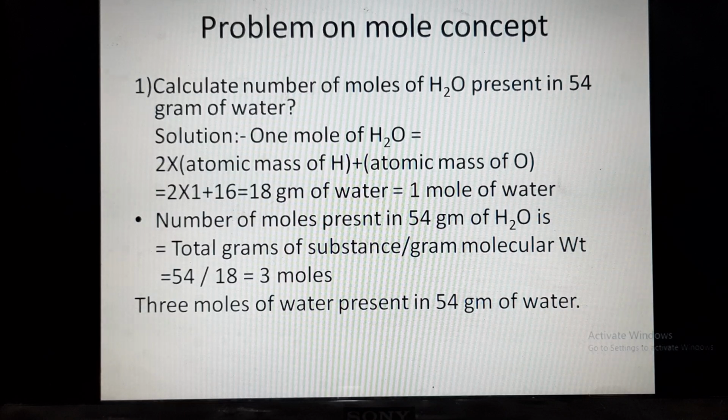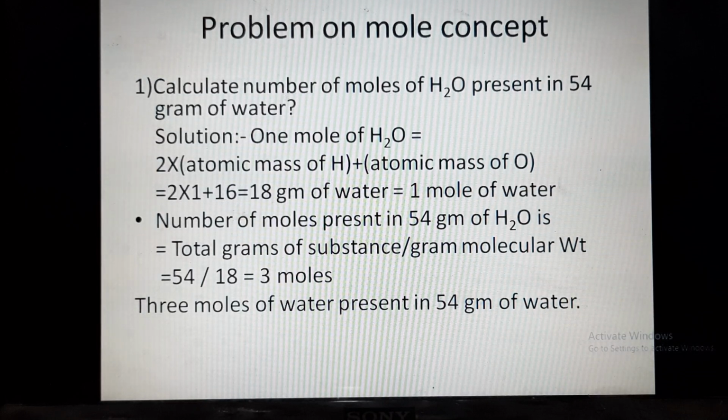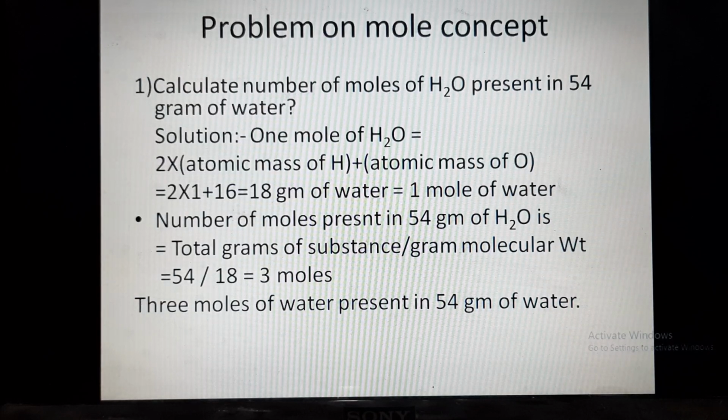There are 2 hydrogen atoms and 1 oxygen atom. The molar mass of 1 hydrogen atom is 1 and of 1 oxygen atom is 16. So 2 into 1 plus 16 is equal to 18 gram of water. So 18 gram of water is equivalent to 1 mole of water.